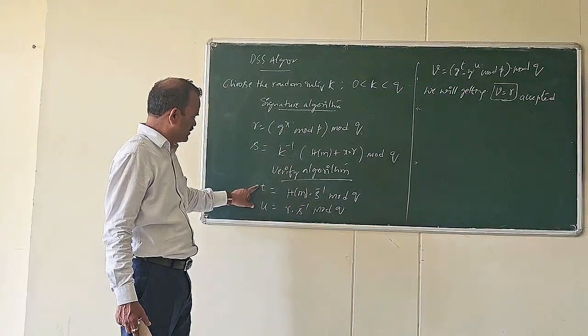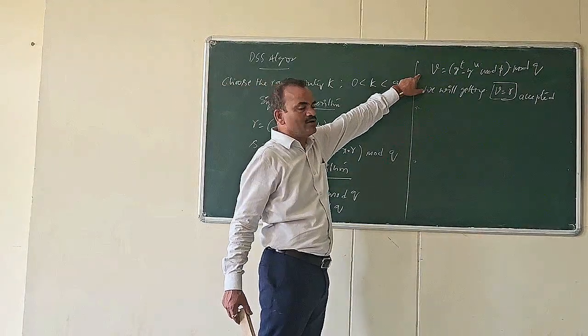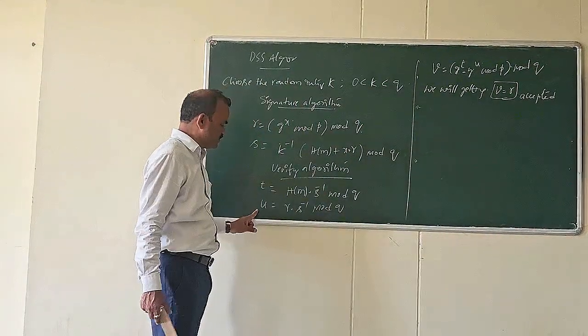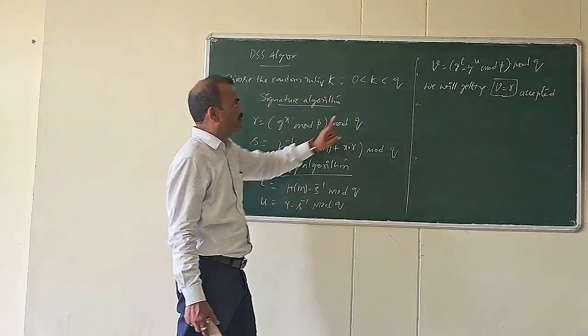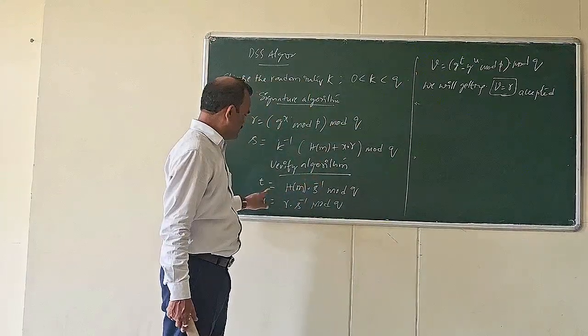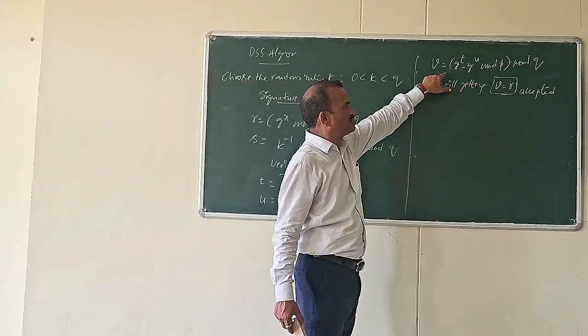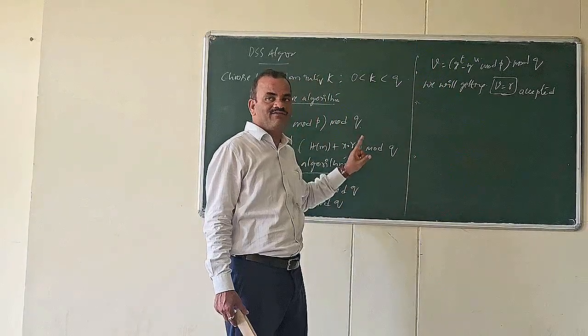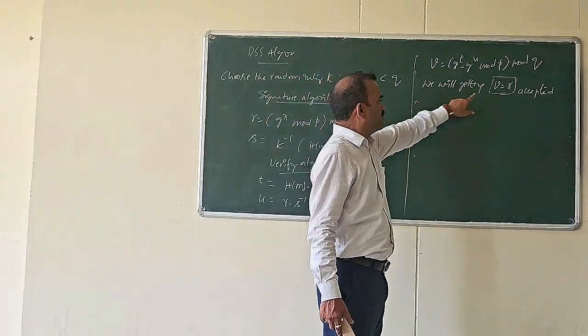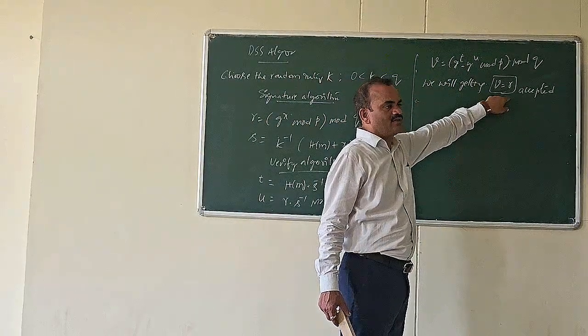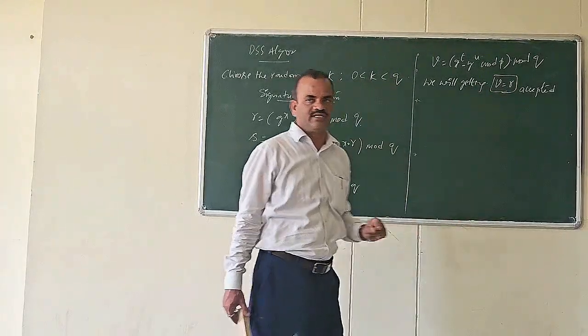In the verifying algorithm you get three parameters t, u and v. So t equal to something, u equal to something and v equal to something. When we calculate the values, if we get v equal to r, then it is accepted.